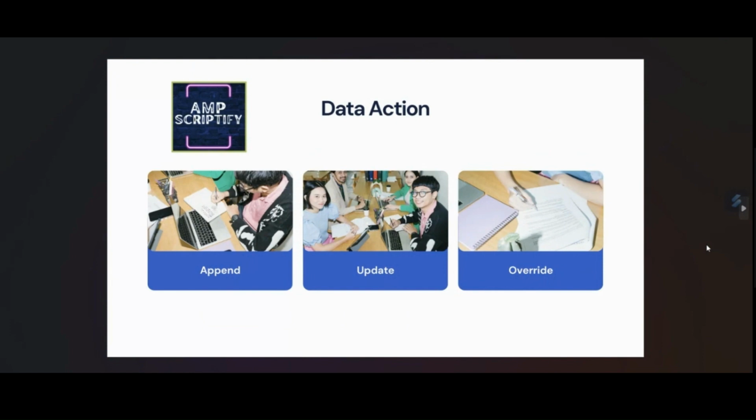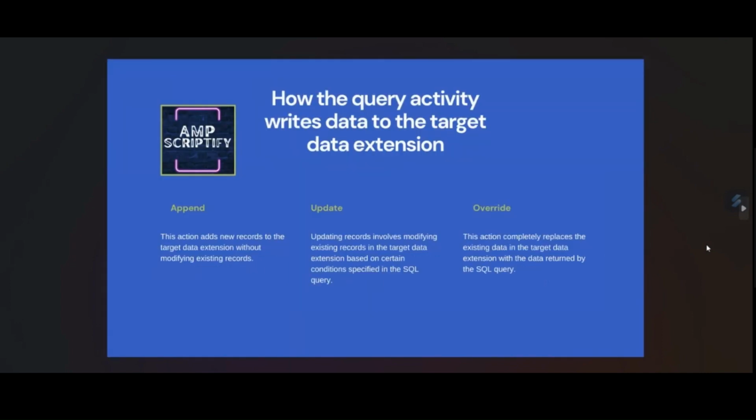Marketing Cloud gives us an option to choose a data action when we are performing query activity. They are namely append, update, and override. When we select append, it adds new records to the target data extension without modifying the existing records.